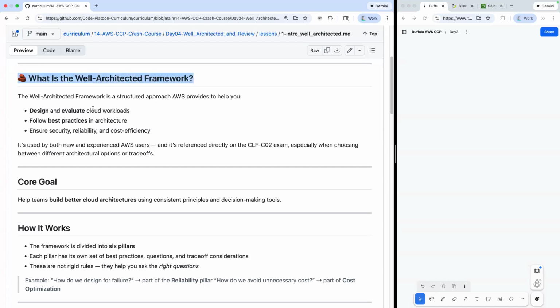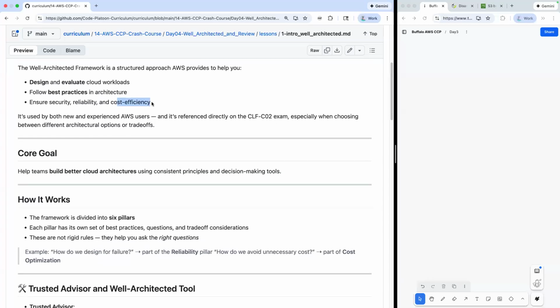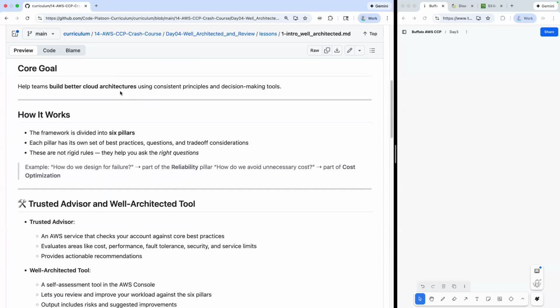So the well-architected framework is how AWS wants to give guidance to help folks structure designing and evaluating cloud workloads, following best practices. And then again, we see these key terms: security, reliability, cost efficiency. It's going to show up on the exam. What's its goal?